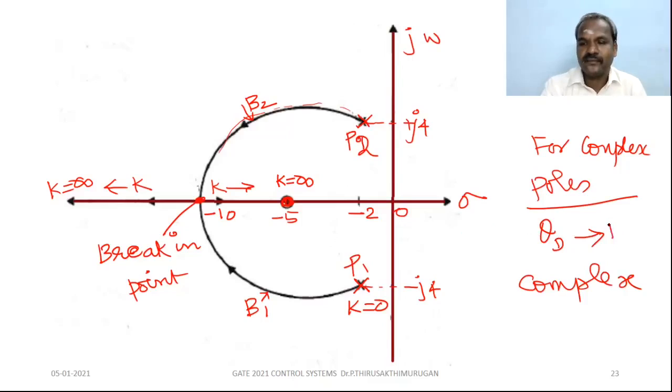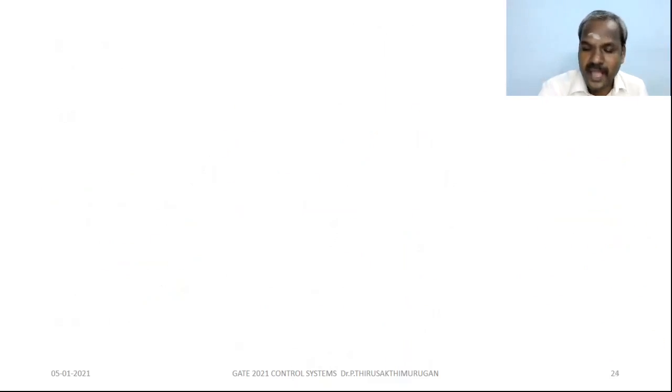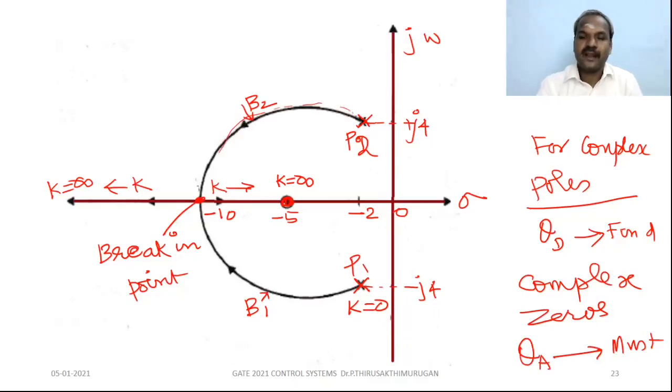When complex zeros are there, we have to find the angle of arrival. These two are a must: angle of departure and angle of arrival.